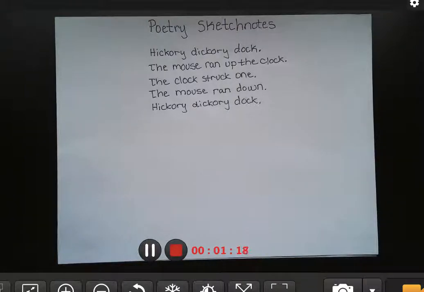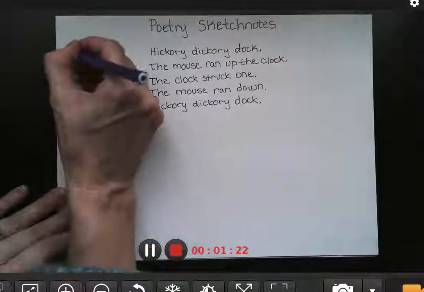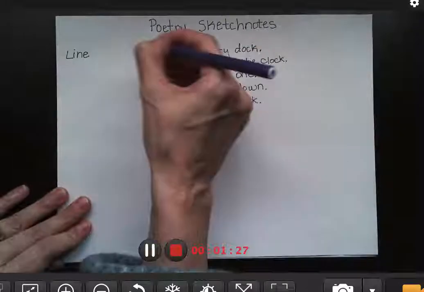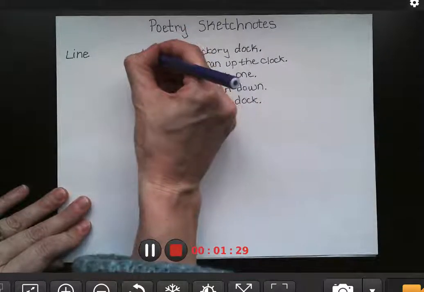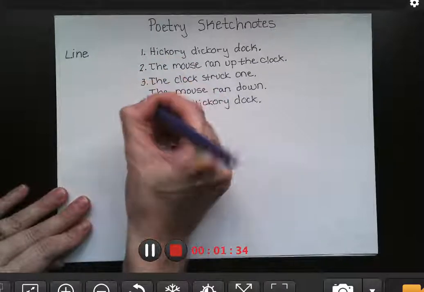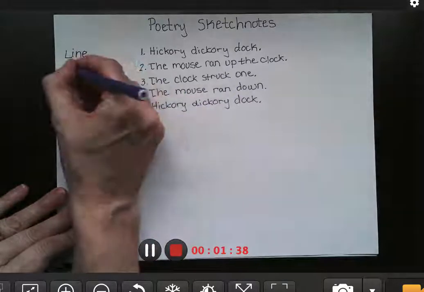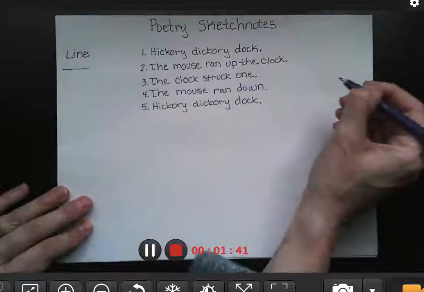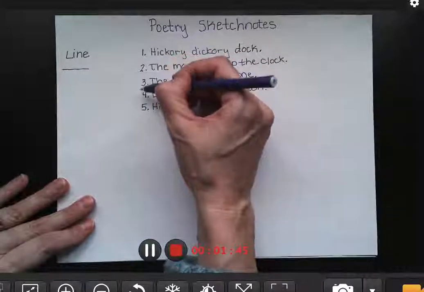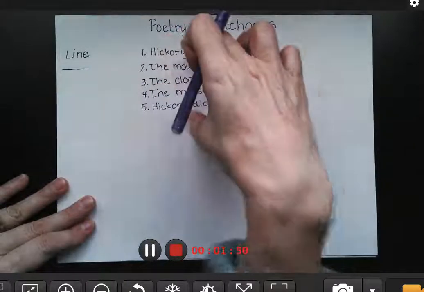First of all, one row in a poem is called a line. So if you look here, there is one line, two lines, three lines, four lines, and five lines. Okay, and a line is simply a line. Now, sometimes you get a group of lines. In this case, this is one grouping of lines.